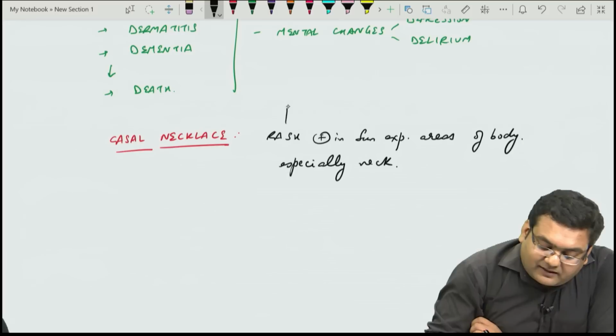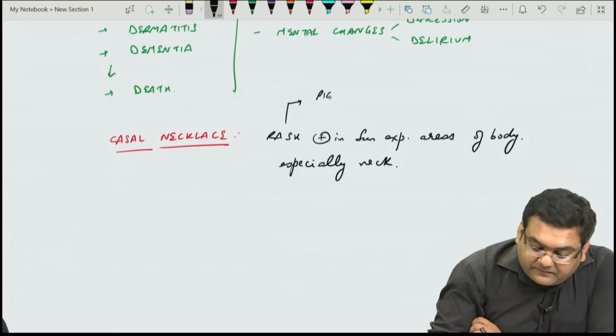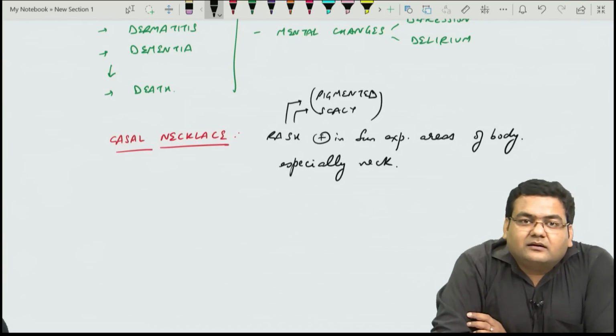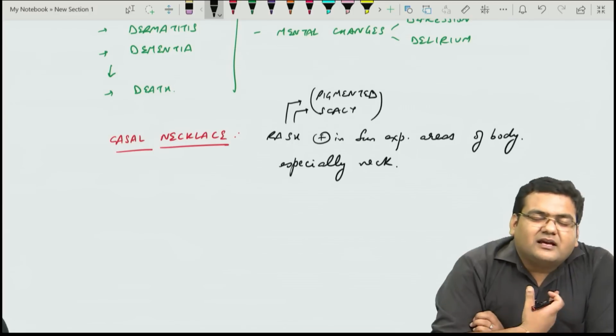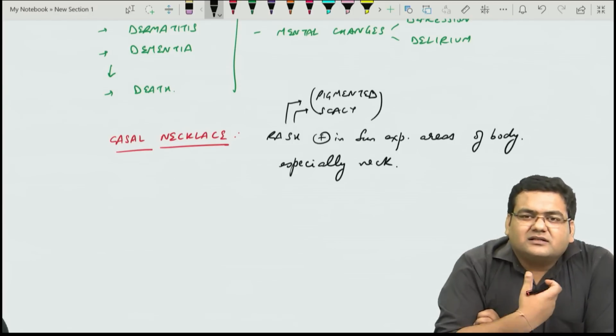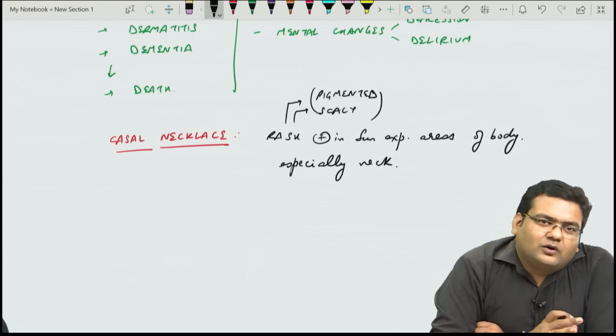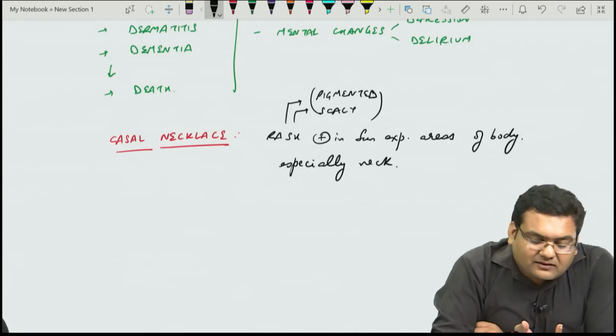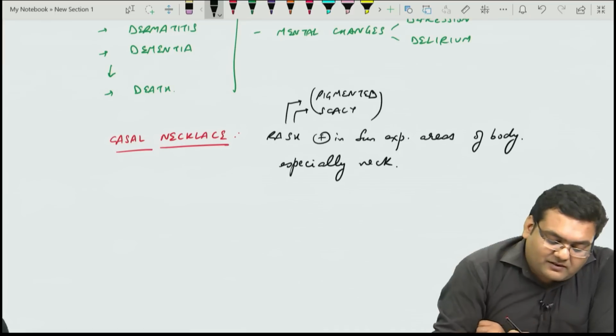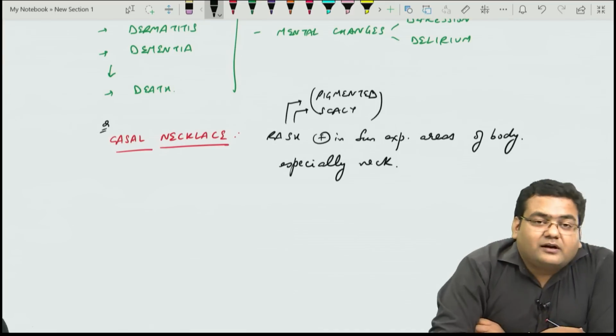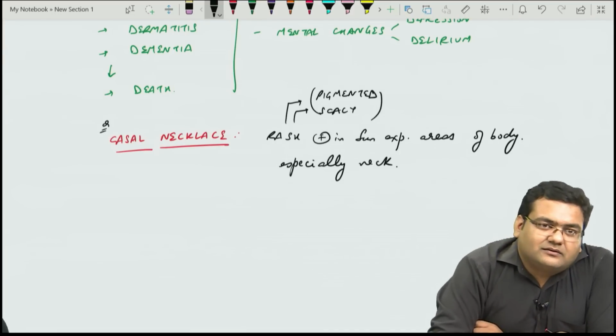Now, what are the characteristics of this rash? It is pigmented and scaly. So, the presence of this rash, pigmented scaly rash in the neck area, gives a finding or a look of a necklace, hence called as Cazel's necklace. A very important finding, important MCQ which is asked in examinations.